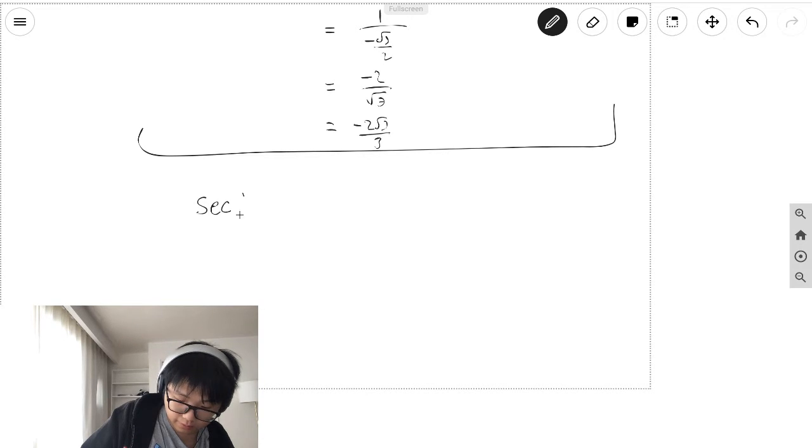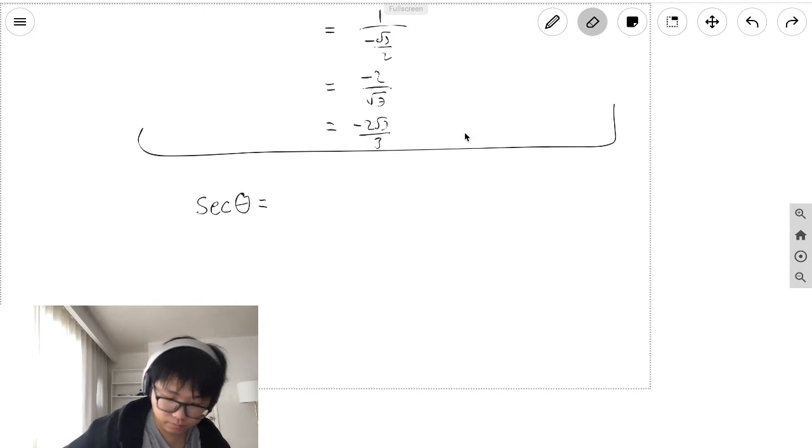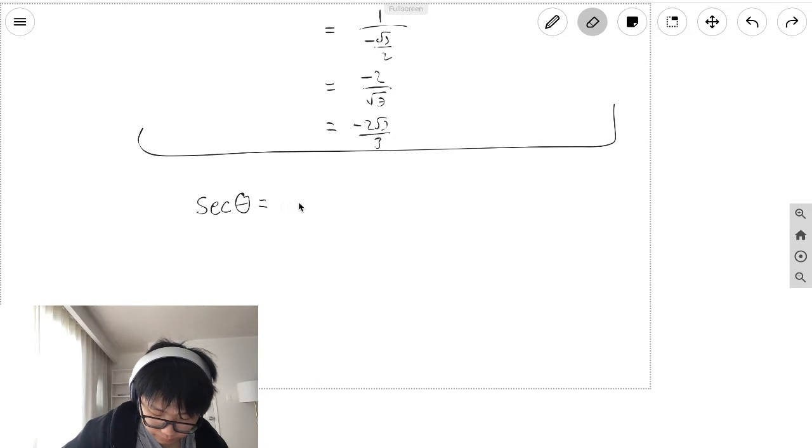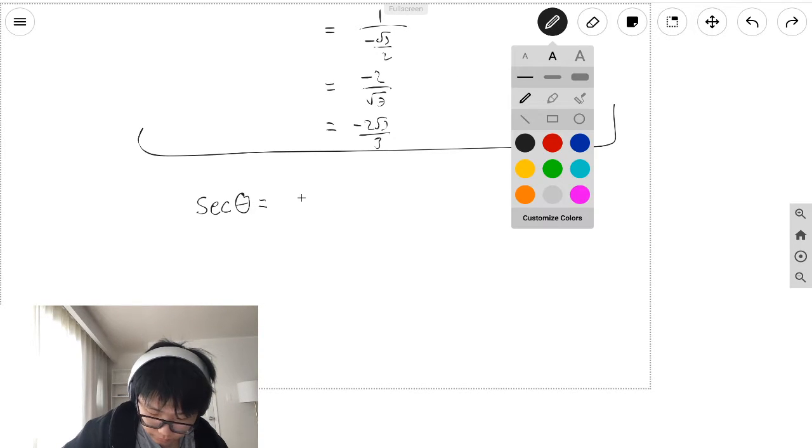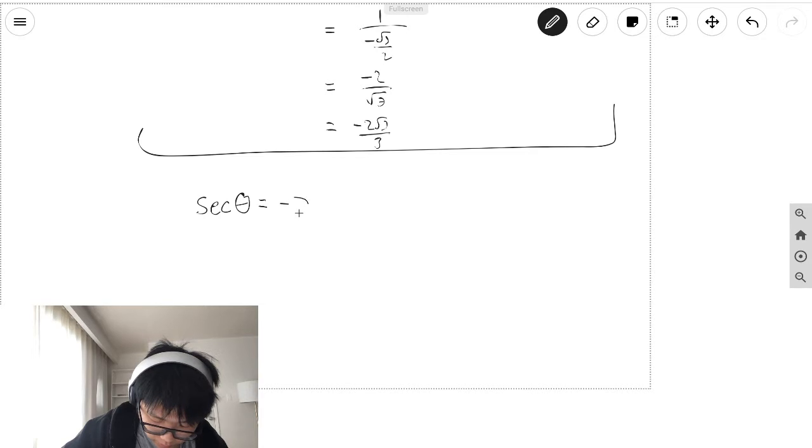Maybe secant theta is equal to negative 2. Alright, there we go, negative 2.